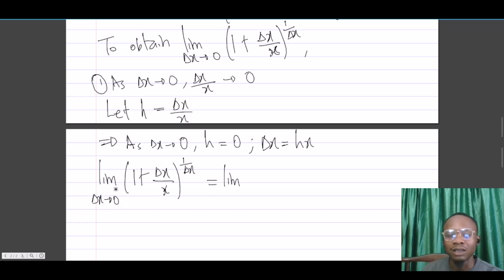So because we know that as delta x approaches 0, our delta x over x, which we are putting up as h now, also approaches 0. So this expression or this statement is implying this statement.